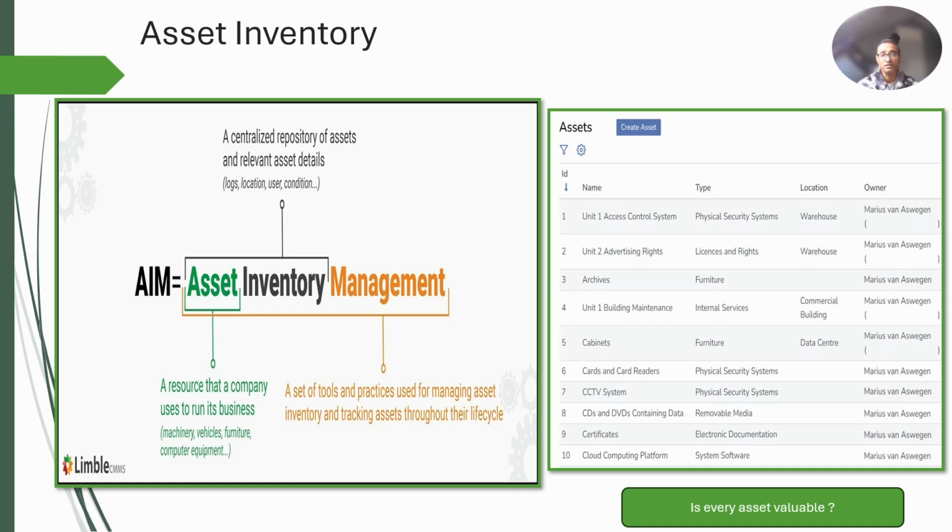An asset inventory is a centralized repository of assets, and not just a repository, it also holds a relative asset value that a particular asset has for your business or organization. It is important to maintain this asset inventory, and you can use various technical and non-technical means.